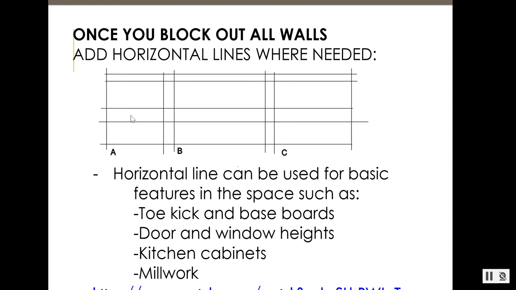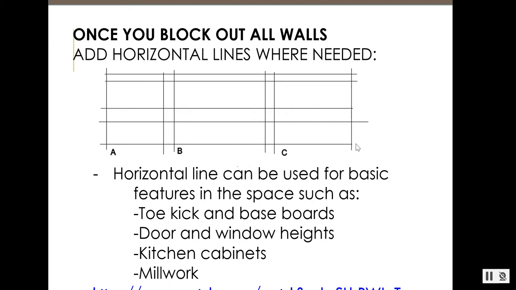Now, once you've blocked out these walls with your horizontal and vertical lines, and remember, when blocking out you need to use very light lines, correct? Very light pencil. Horizontal lines can be used for basic feature spaces.